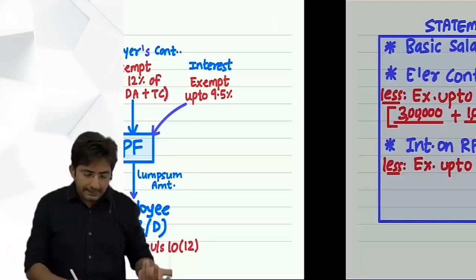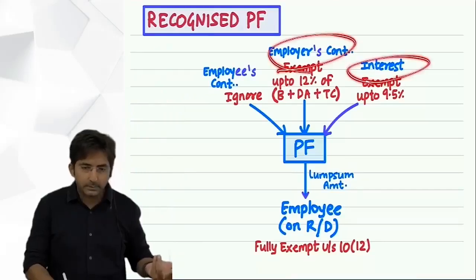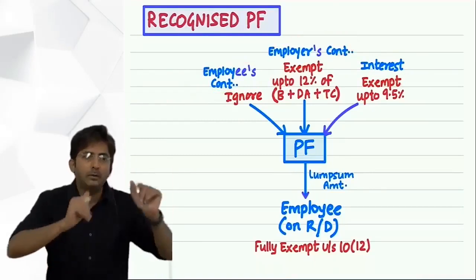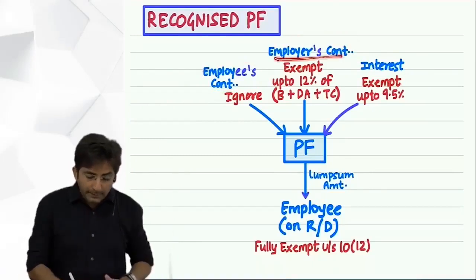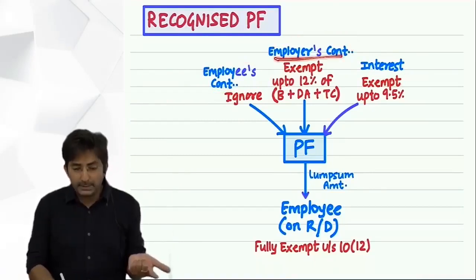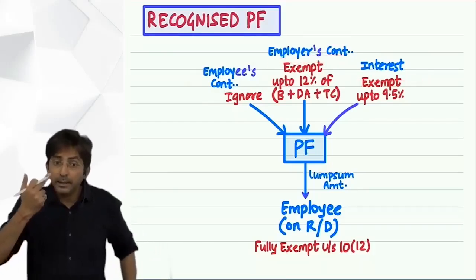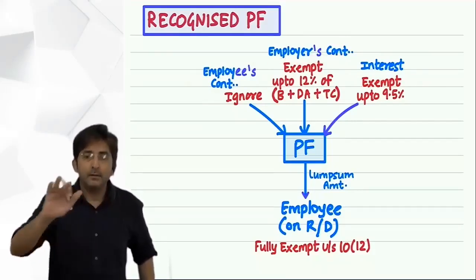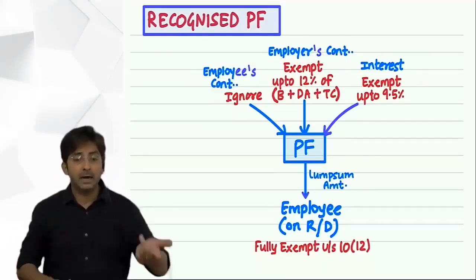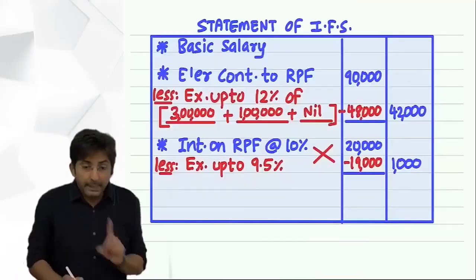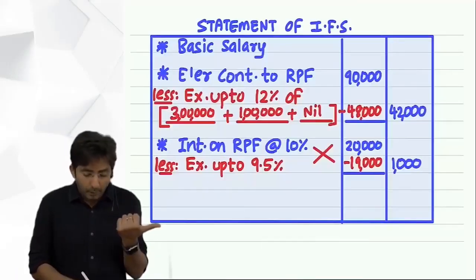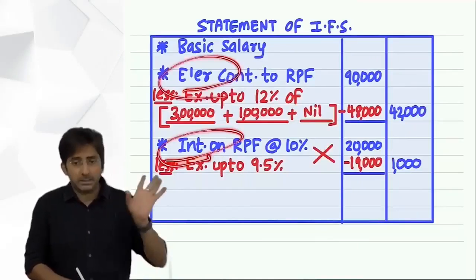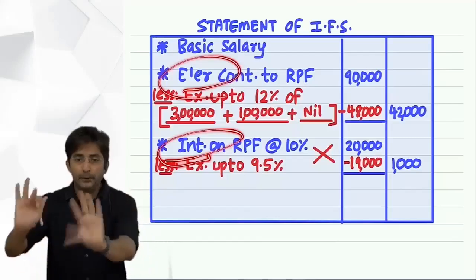And do you agree? Exemption was allowed only for these two items. See, the employee's contribution becomes taxable as part of basic only. You are given exemption for employer's contribution and interest. That is why my language was, if the employee retires within a period of less than 5 years, then exemption allowed in respect of employer's contribution and interest in past shall be withdrawn.